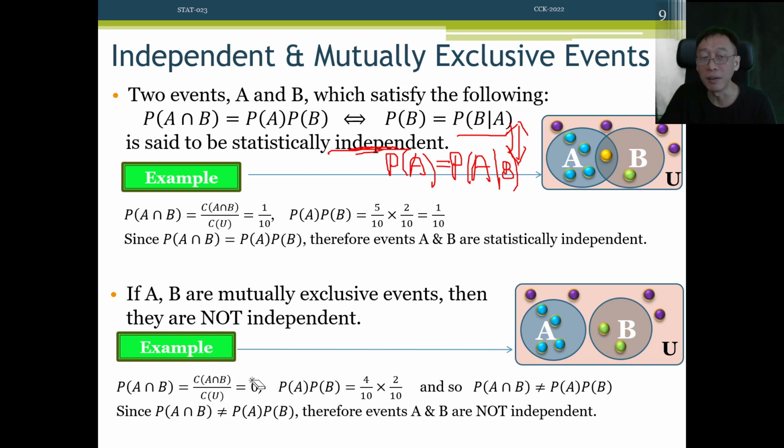Then 0 divided by anything is 0. Then it's very easy to conclude that it is 0. And then we check. P of A, clearly it is 4 out of 10. P of B, it is 2 out of 10. So it's non-zero. So left-hand side is 0. Right-hand side is never 0. What can we say? Well, we say that they are not statistically independent, right? So yes, it agrees with our definition just as well.